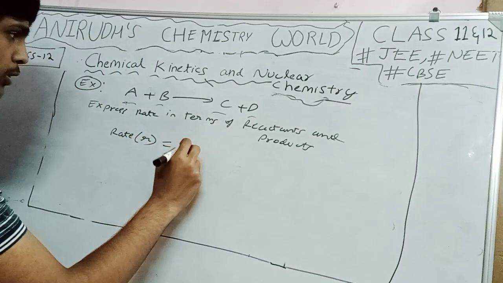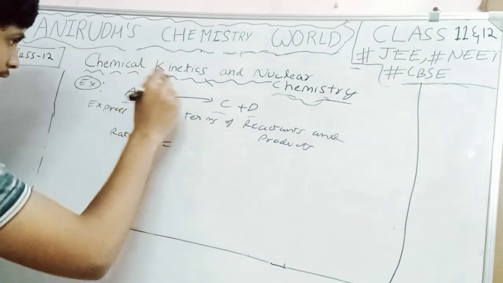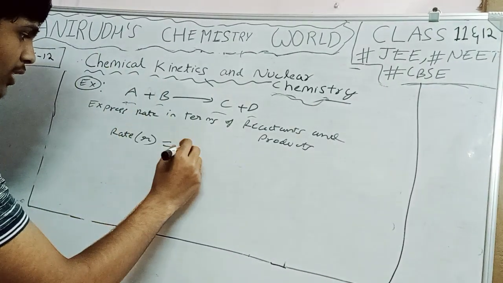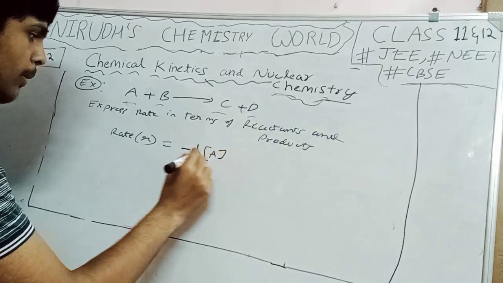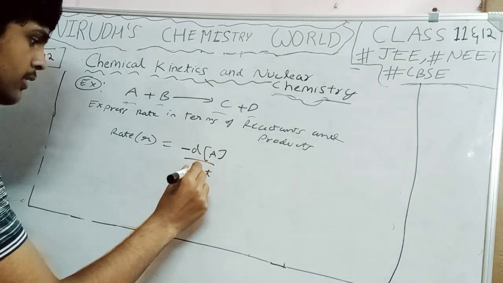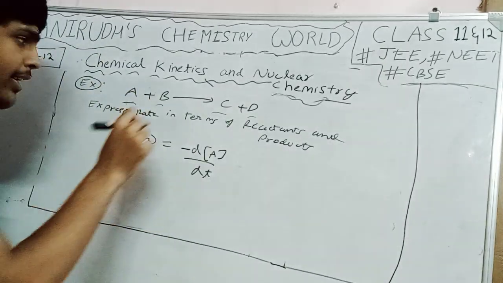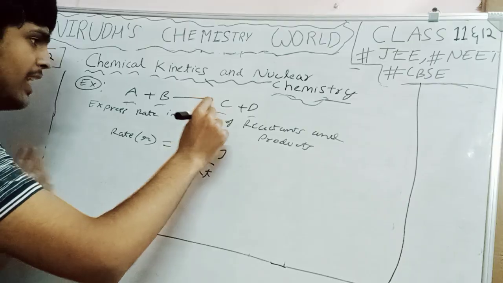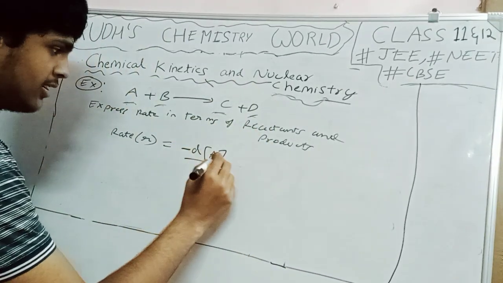So rate R is equals to decrease in the concentration of reactants, so minus d concentration of A by dt. You can also express in terms of B. See, rate in terms of A, rate in terms of B, rate in terms of C and D will be same. The answer won't change.